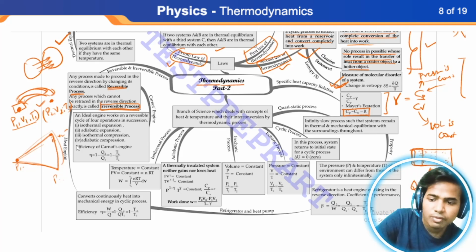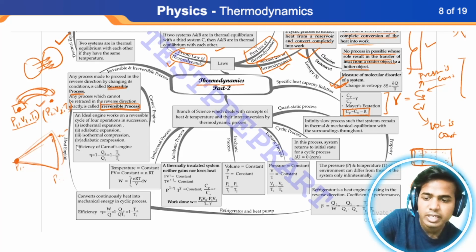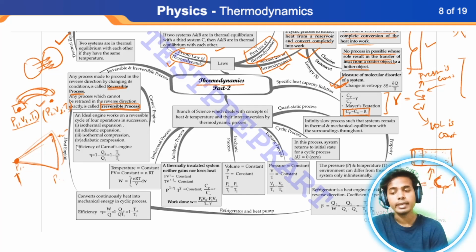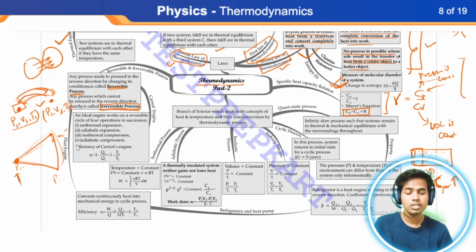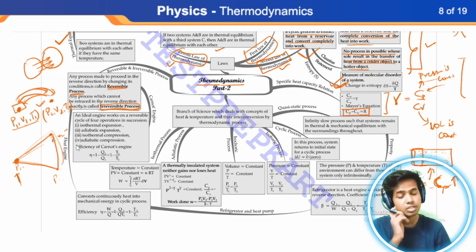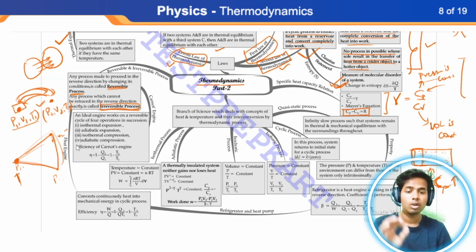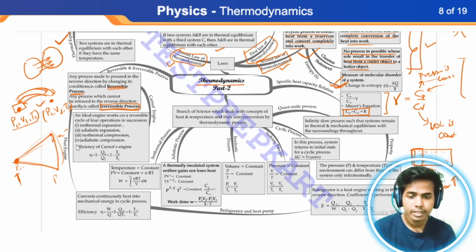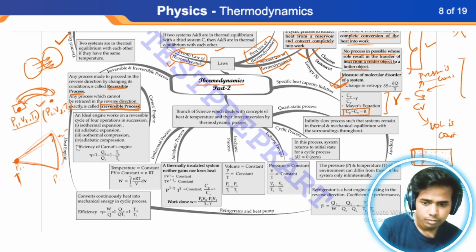And since you have come to the same P1 V1 T1 and T remains the same, then the internal energy of the system remains the same. There is no change, because internal energy of the system, you will learn later, is actually only directly proportional to the temperature. It is not at all related with the pressure and volume. It is independent actually. So this is called cyclic process.